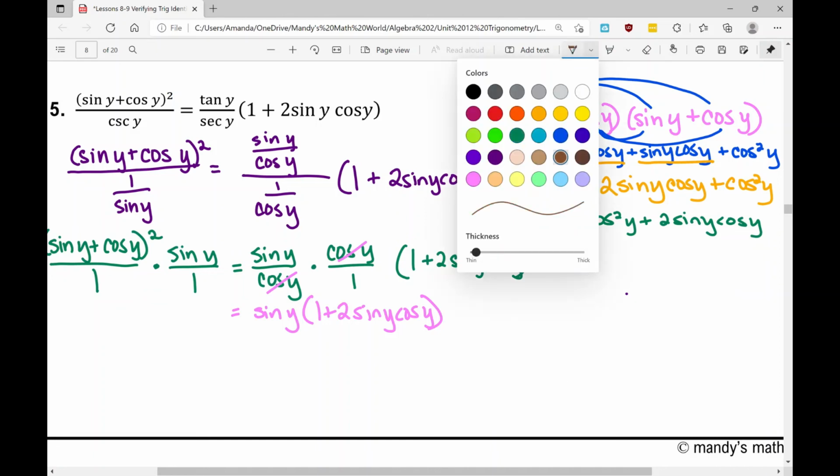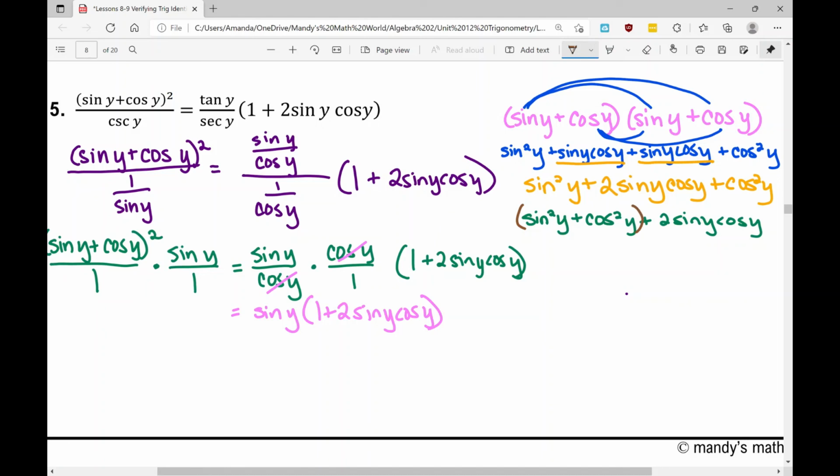And then what do you notice? Anybody notice something with this right here? Sine squared y plus cosine squared y, that's a Pythagorean identity. What does it equal? Sine squared y plus cosine squared y equals 1. So I'm going to rewrite that part as 1 plus 2 sine y cosine y.